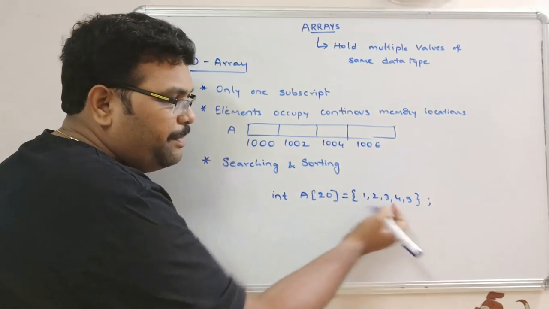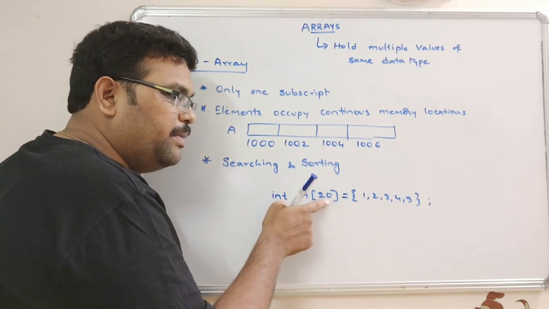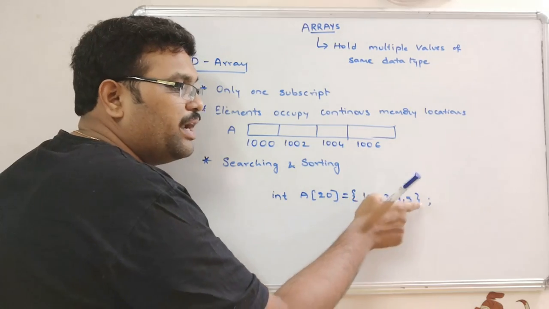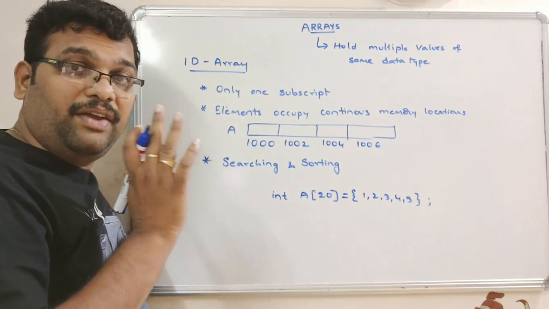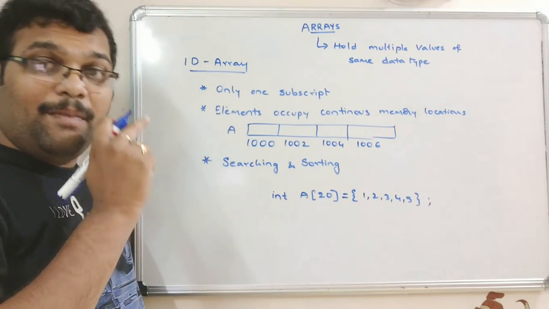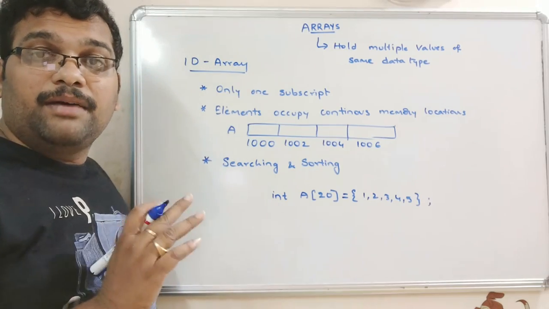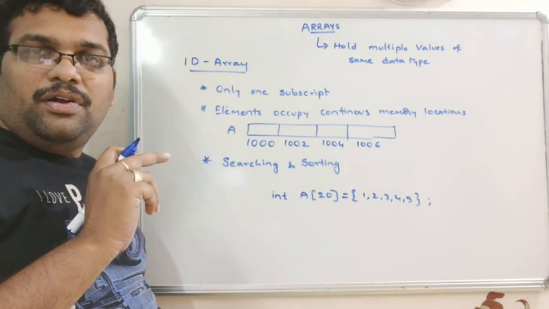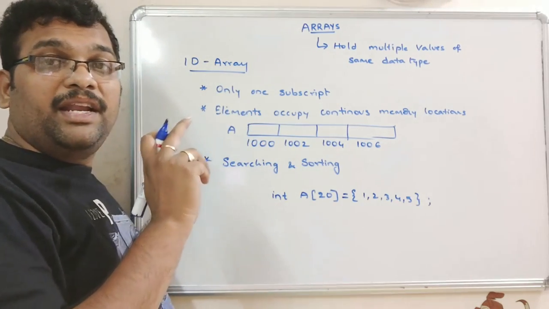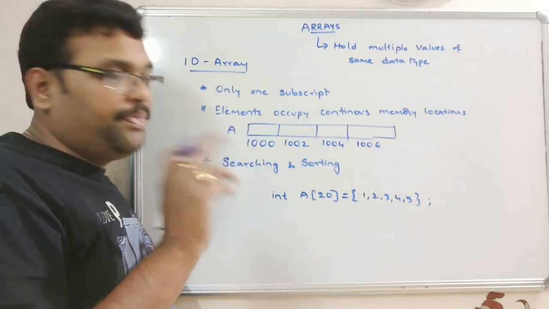Now this statement implies array a which can hold a maximum of 20 elements where the elements are 1, 2, 3, 4 and 5. So here we are initializing only 5 elements. It occupies the index values from 0 to 4, and what about the remaining 15 elements? All the remaining 15 elements will become 0, right? Once you initialize at least one element, all the remaining elements become 0 by default.